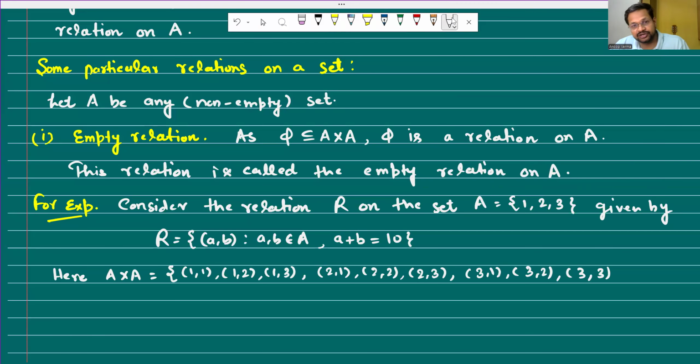So this is the Cartesian product of A with A. Clear?